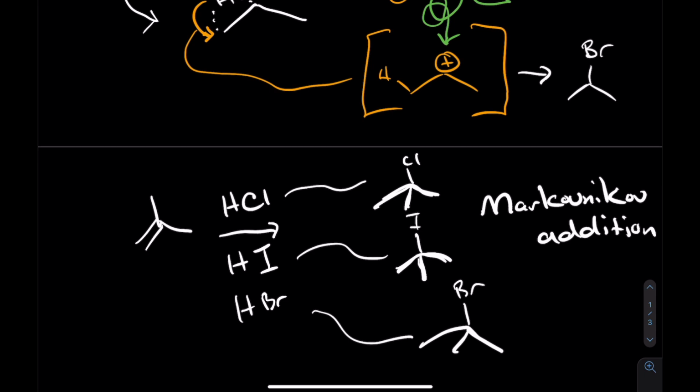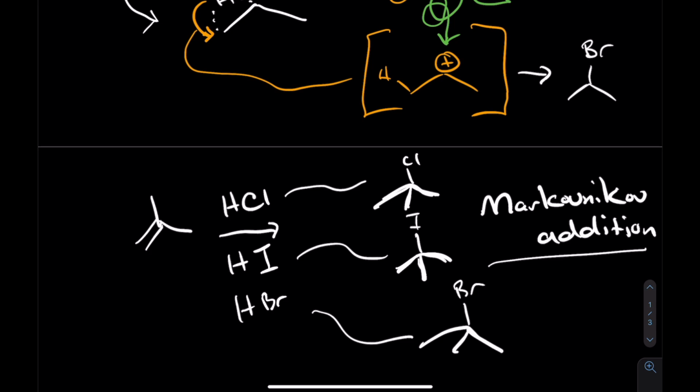So in general, if you're going to go through something that's going to form a carbocation, that carbocation is going to end up on the most substituted carbon, just like we had said, and then whatever's in solution, the negative charge or what have you, is going to end up on that. And that's going to be your Markovnikov addition.